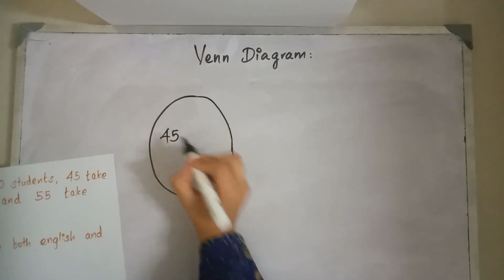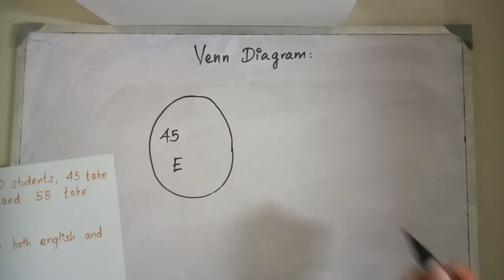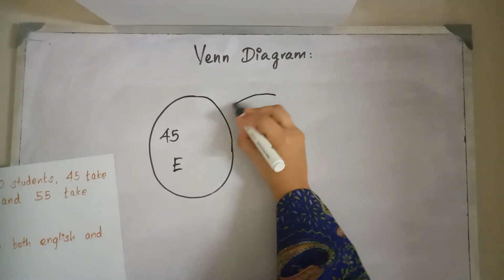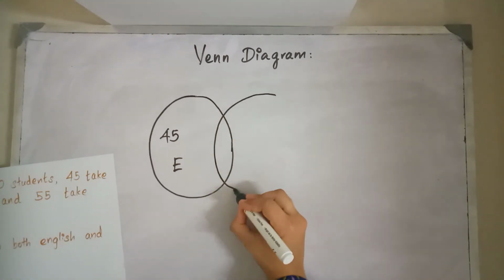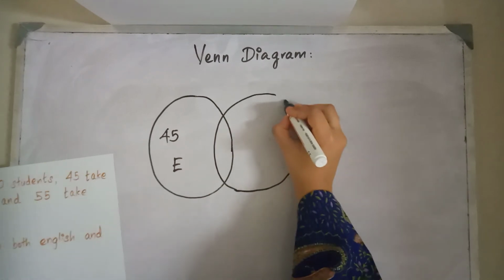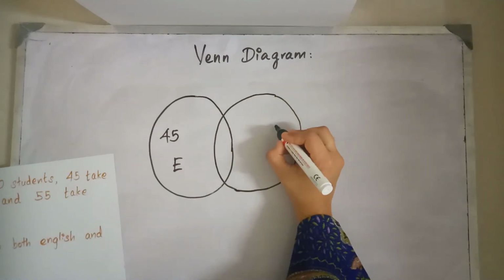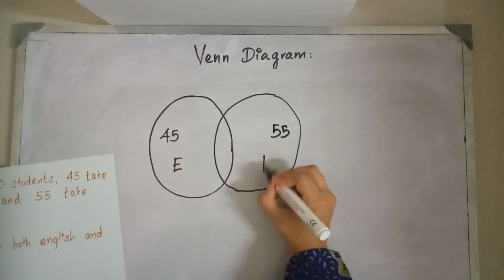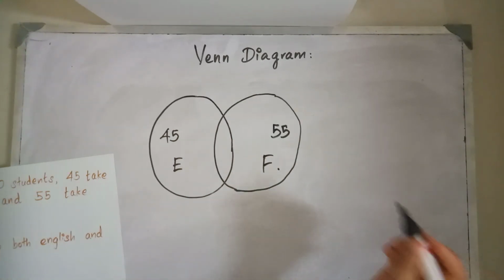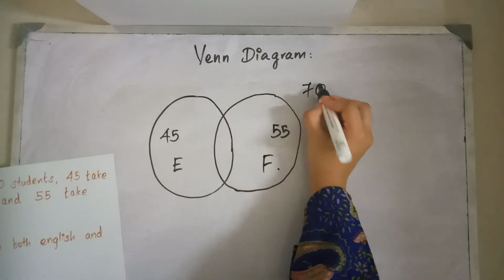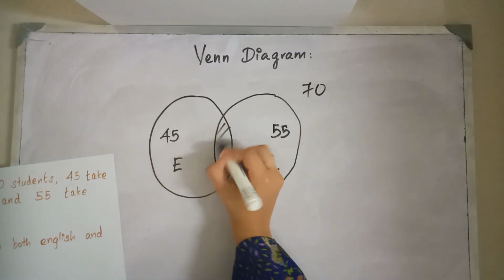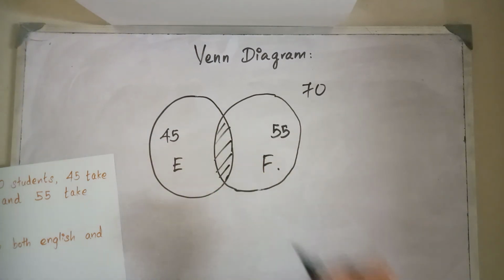So let's have this as English, and we have 45 students. And this will be 55 who take up French classes. Now the total is 70. So we have an overlapping region, which is what we have to take up.